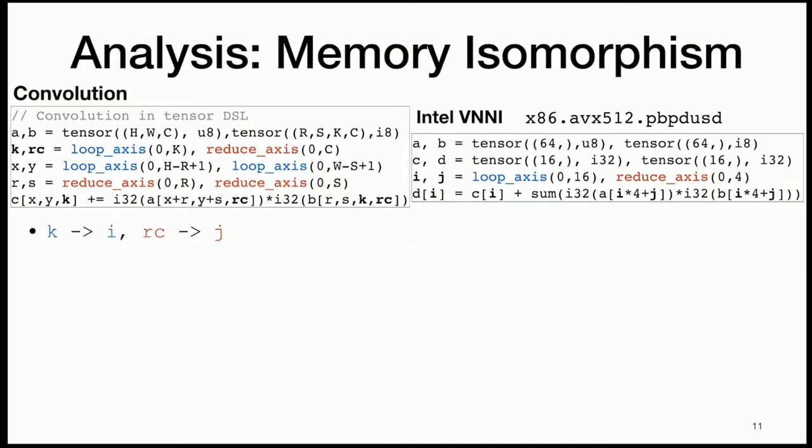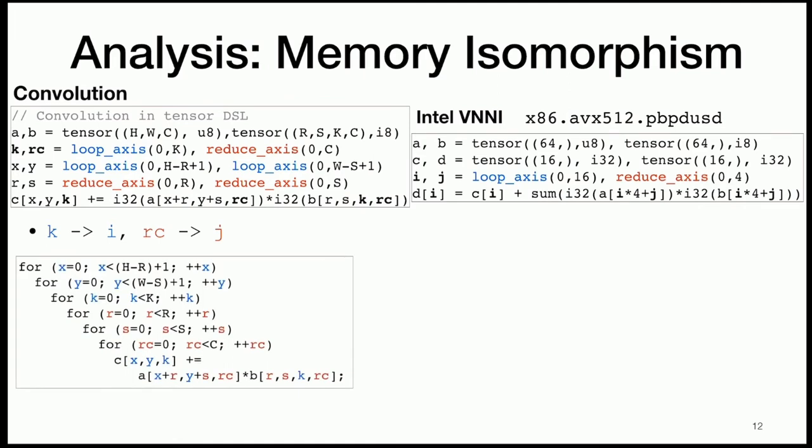Next, we need to determine the loops to be tensorized, which is essentially a mapping from a subset of the loops in the program to the loops in the instruction. Note, mapping can only happen between loops with the same types, say data parallel to data parallel and reduction to reduction. This is why I still keep the highlight of the colors here. We enumerate this mapping, and here we map K to I and RC to J. Then we check if this mapping is feasible.